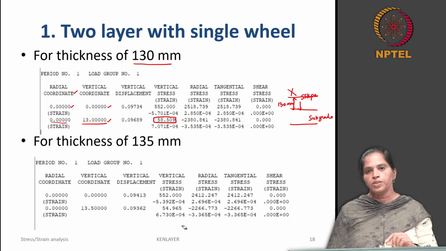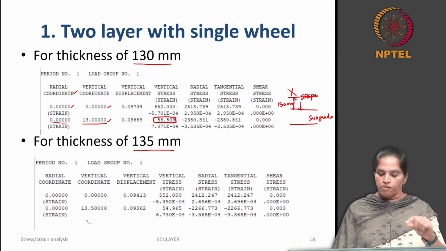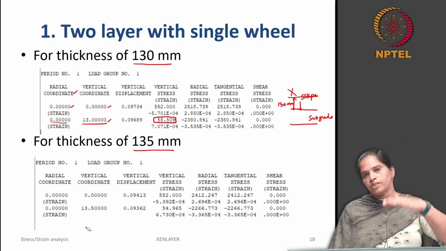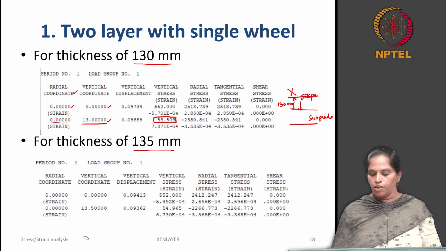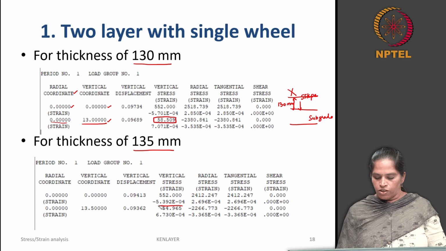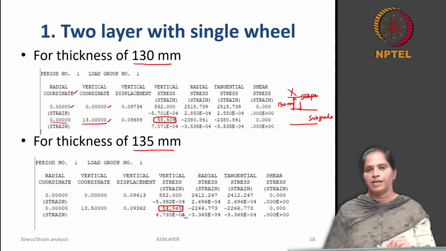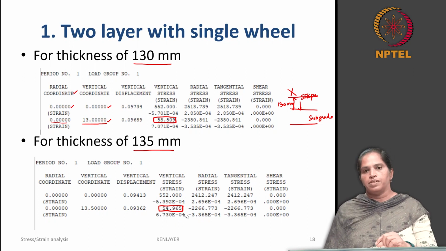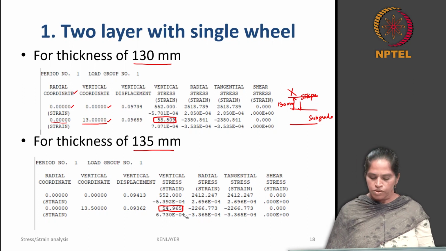Now what you can do is increase the thickness to 135 millimeter and proceed in the same way as you did before, and you can check what the stress above this is. This is the result for 135 millimeter. You can see that the stress above the subgrade layer is 54.965 kilopascal, which is well within the allowable stress of 55 kilopascal.